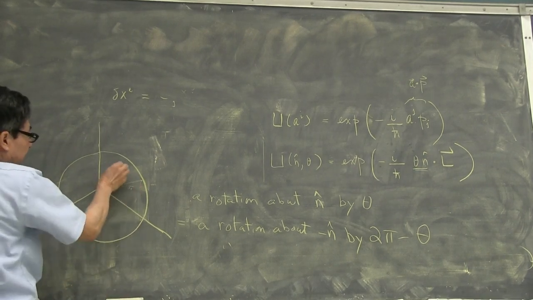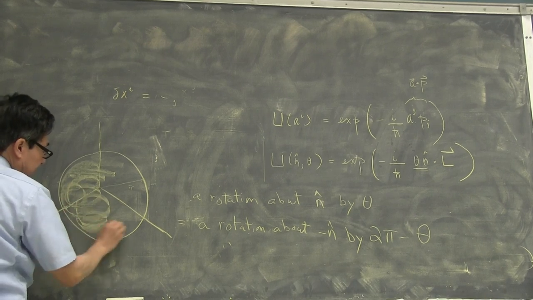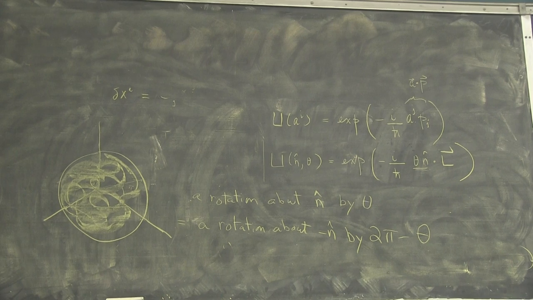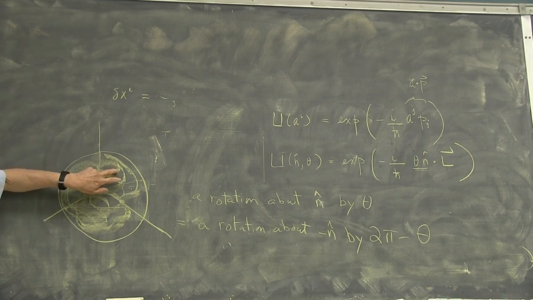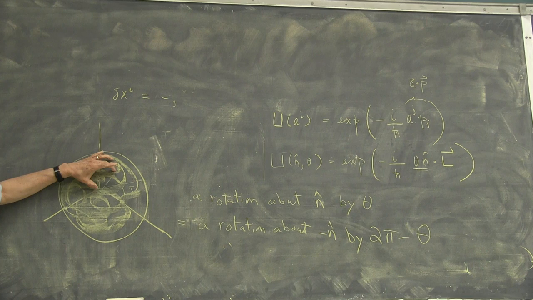Actually, any point inside the sphere would represent a unique and distinct rotation. For example, a point here inside a sphere, which means that the rotation angle is less than pi, right? Because the entire radius is pi. So this point inside the sphere would represent a rotation about this direction by an angle, whatever the length of that is, which is less than pi. Okay?